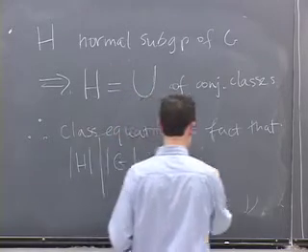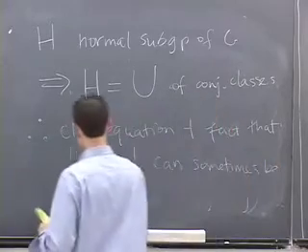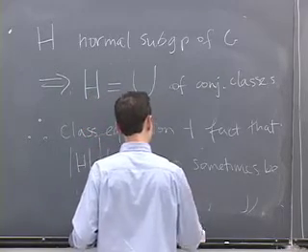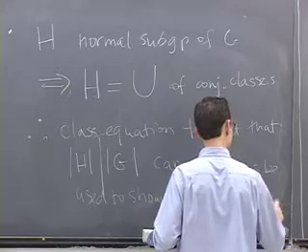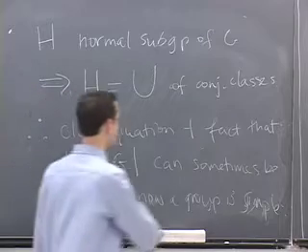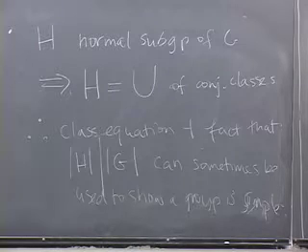These facts together can sometimes be used to show a group is simple. We saw an example of this. This isn't really very important, but it's good that you be aware of this, should you ever need to show that a particular group is simple or not. Okay, let's move on.